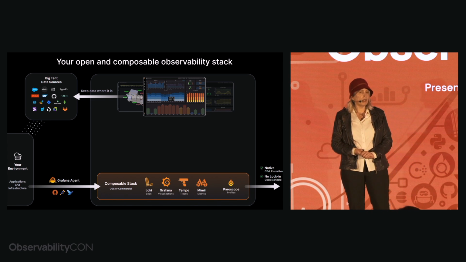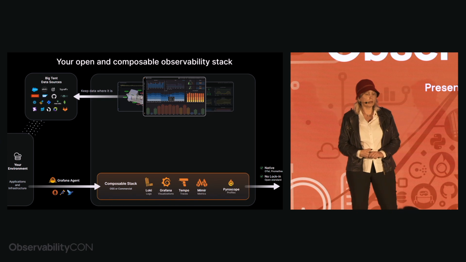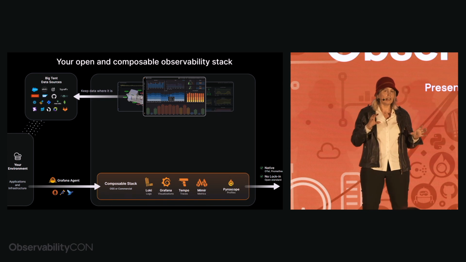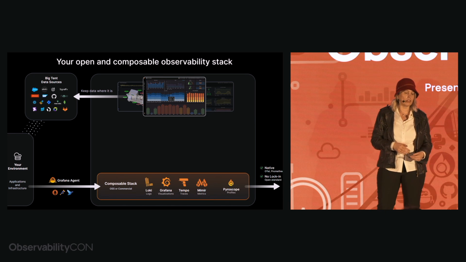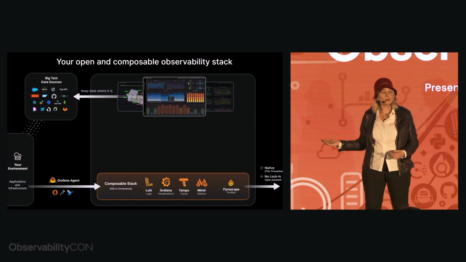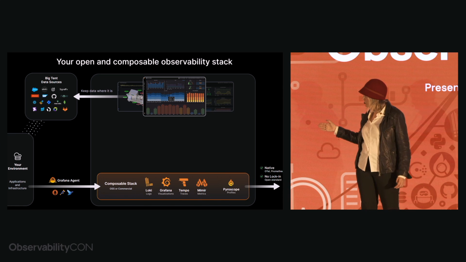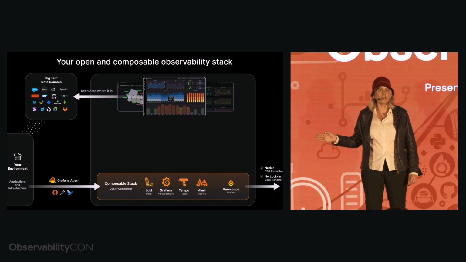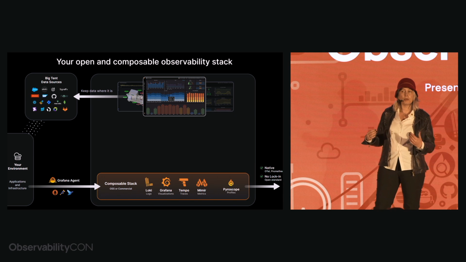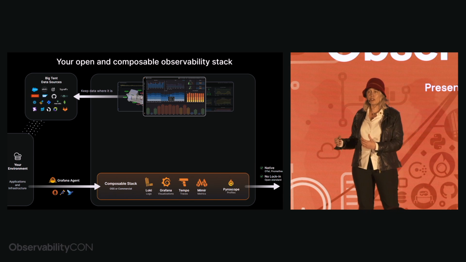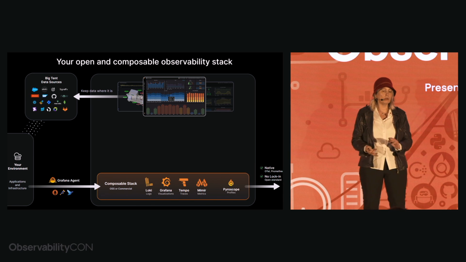With Tempo, it's also a Prometheus-like approach where we use the same approach in order to save trace requests across the components of your distributed systems. Pyroscope is the newest addition to our family of open source backends. Pyroscope makes it possible to profile your applications and discover your performance bottlenecks, whether that's CPU or memory.